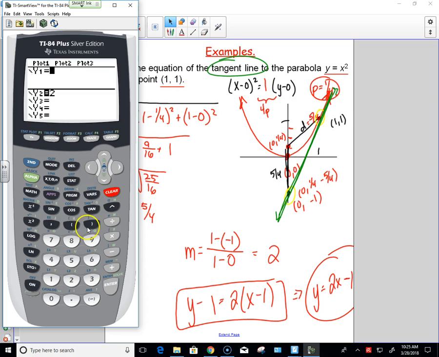I want something that says either D, derive. Second trace. There's my graph.